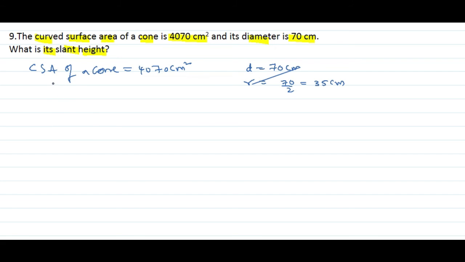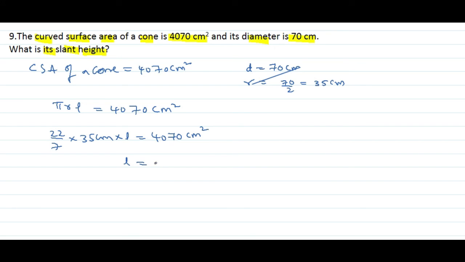Now what is the formula to find the CSA of a cone? That is pi r l, which is equal to 4070 centimeter square. Here we are going to find the slant height, that is l value. So now substitute the pi value 22 by 7 into radius 35 centimeter into slant height l equal to 4070 centimeter square.